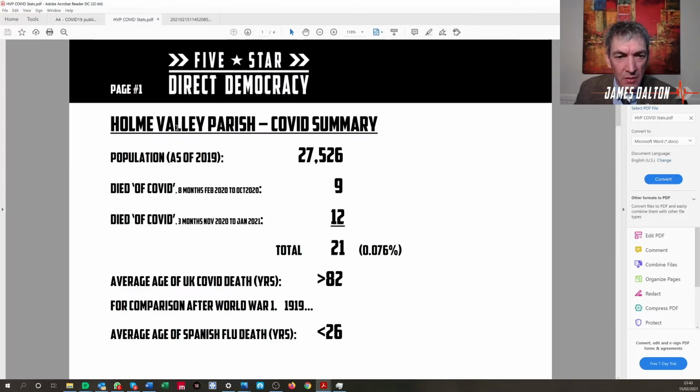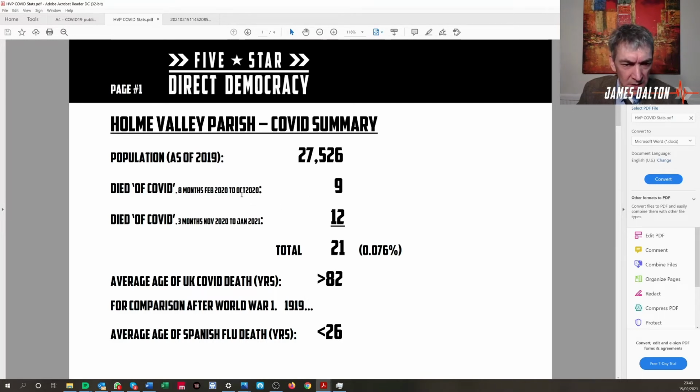Here we have the Holme Valley Parish COVID summary as of today. I think I wrote this out yesterday. It's probably a day out on the date, but here we go. Holme Valley Parish COVID summary. So the population of the Holme Valley Parish as of 2019, 27,526. In the 8 months from February to October 2020, the number of people who died of COVID was 9.